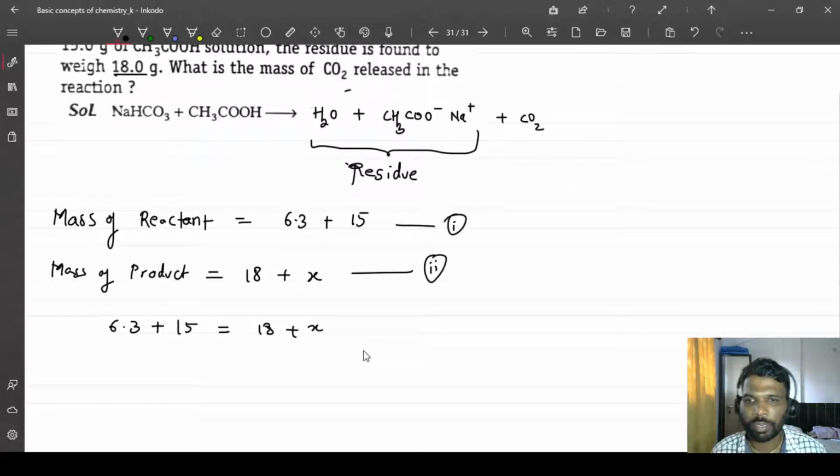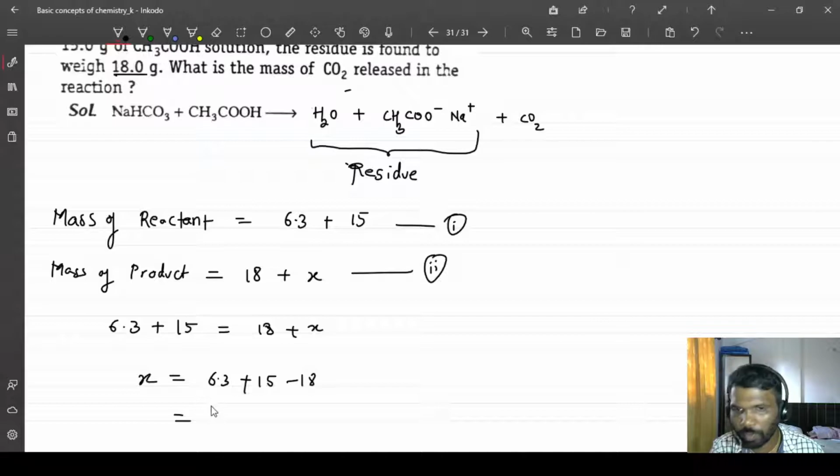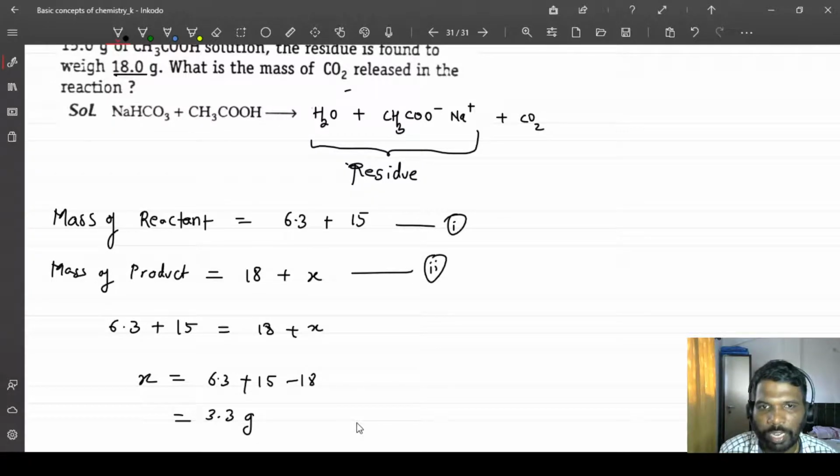So mass of the carbon dioxide released, x, is equal to 6.3 plus 15 minus 18. 6.3 and 15 is 21.3, minus 18. So answer is 3.3 gram. So 3.3 gram of carbon dioxide will be released according to this law.